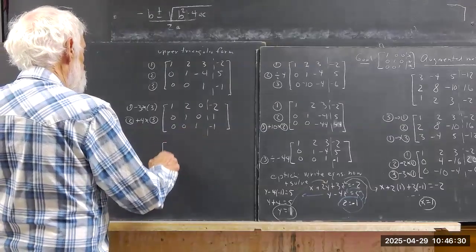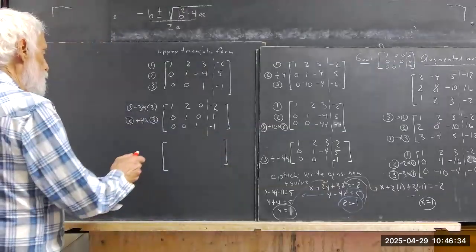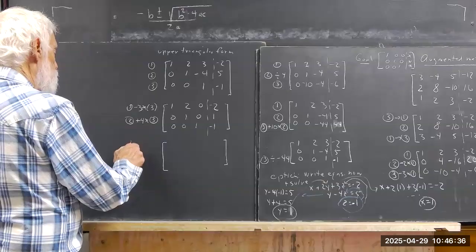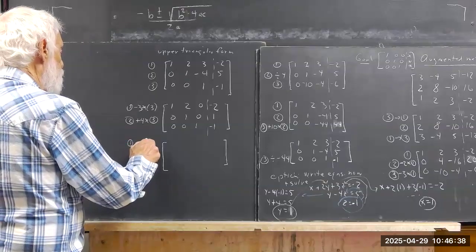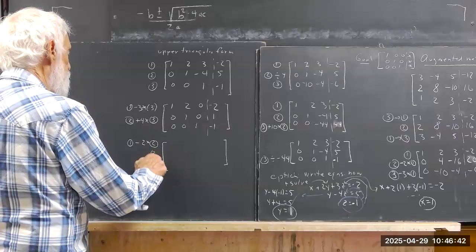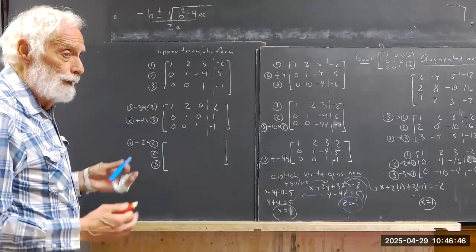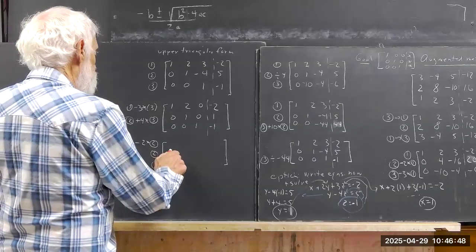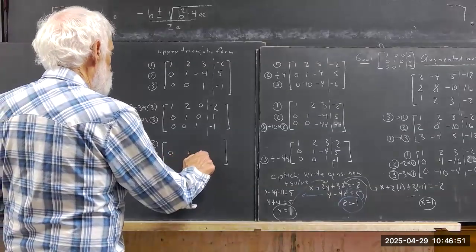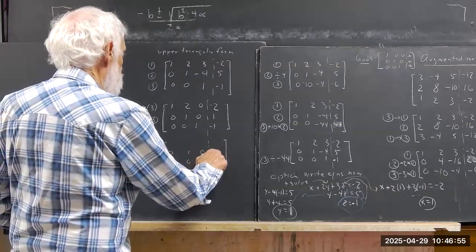We only have one step left. Now take the first row and subtract 2 times the second row. Rows 2 and 3 are complete. Each of those rows gives us a solution. So I'm going to go ahead and write row 2 and row 3.